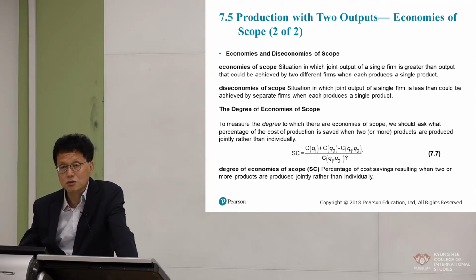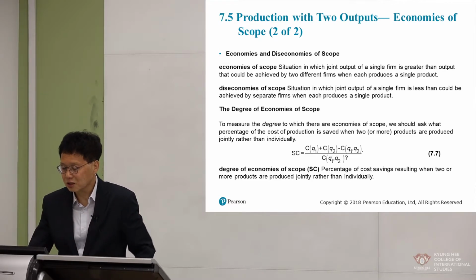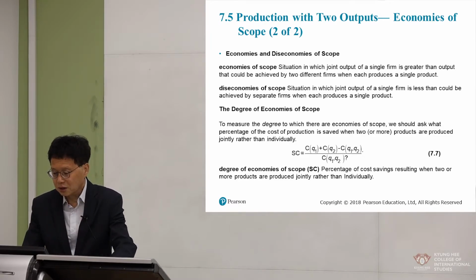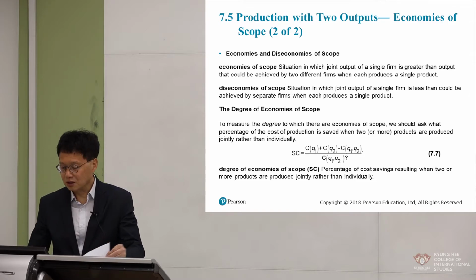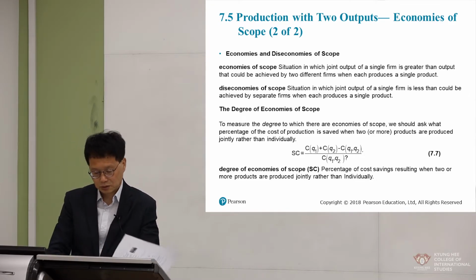That is economies of scope. Diseconomies of scope is the situation in which the joint output of a single firm is less than could be achieved by separate firms when each produces a single product. The degree of economies of scope is like this, right? SC is economies of scope.